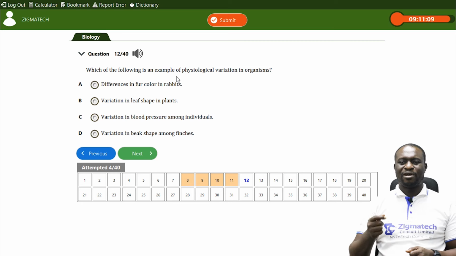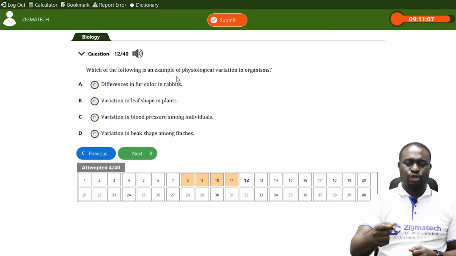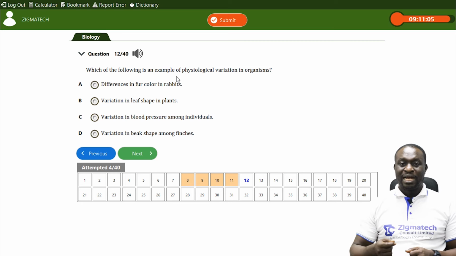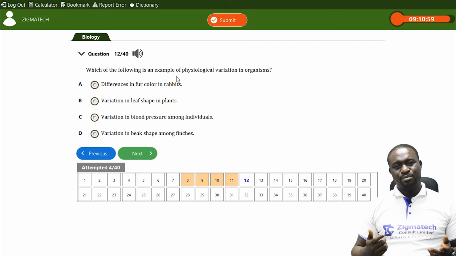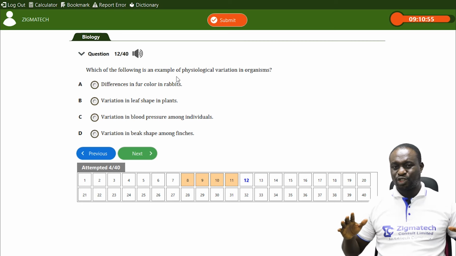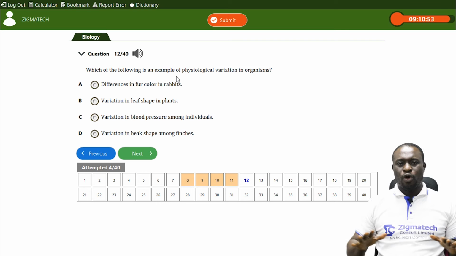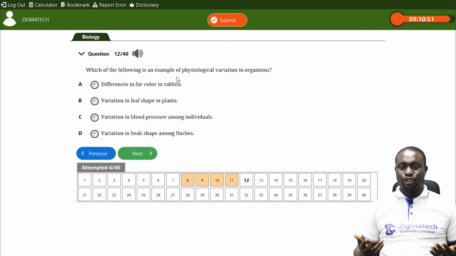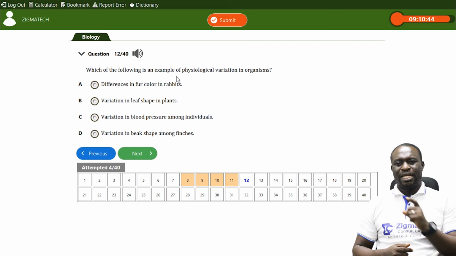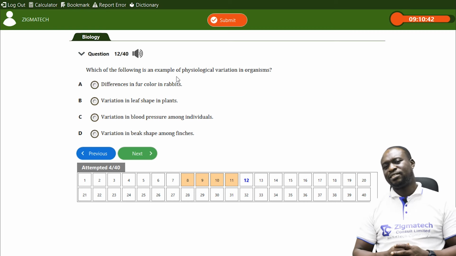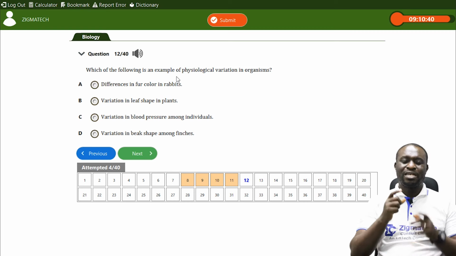Option C says variation in blood pressure among individuals. Now, you can't tell me that blood pressure is an external feature. It is not written on the face of anybody, neither can you see it expressed in an individual. It is not an external feature that is being observed. So option C probably is the correct option. But let's look at option D. Option D says variation in beak shape.